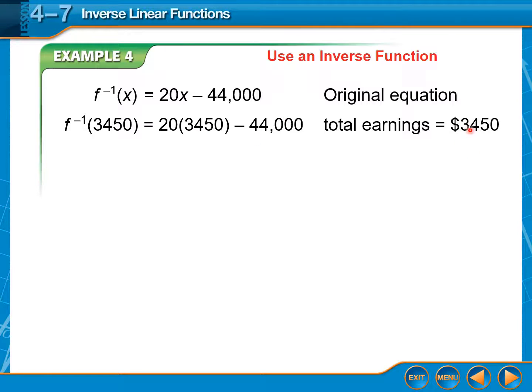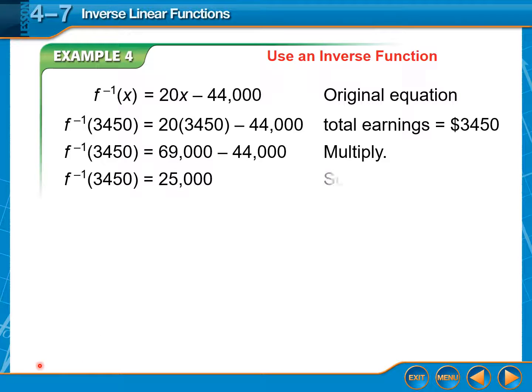So his total earnings were $3,450. I put that in for x. Multiply 20 times 3,450, that gives me 69,000 minus 44,000. Subtract, we get 25,000. So what does that tell me?